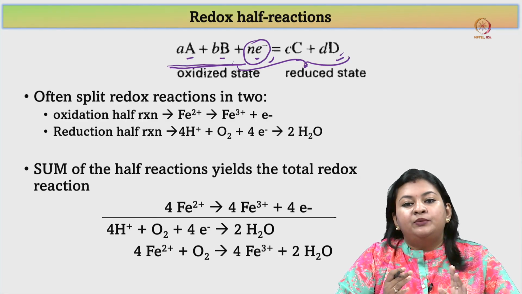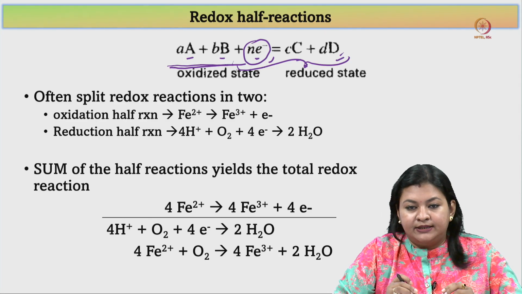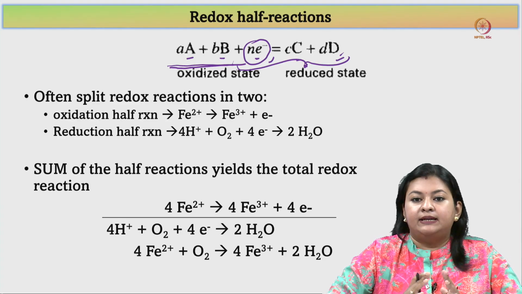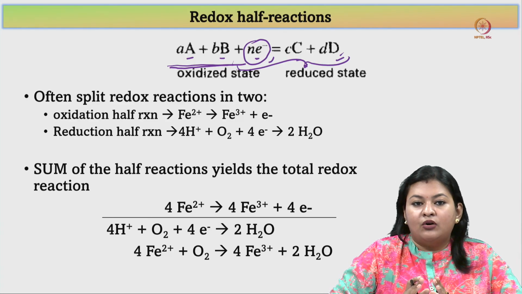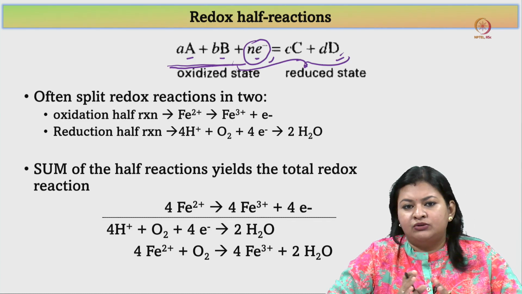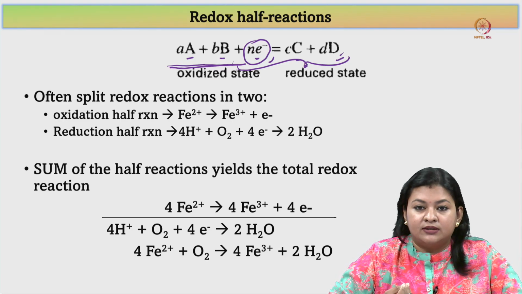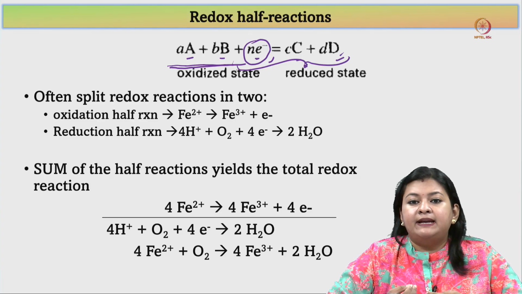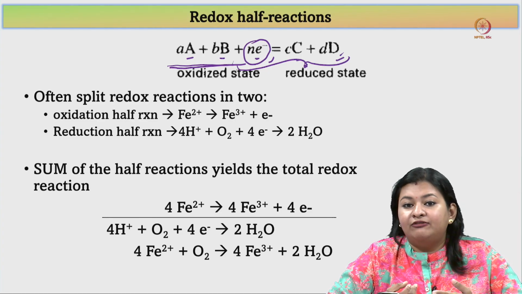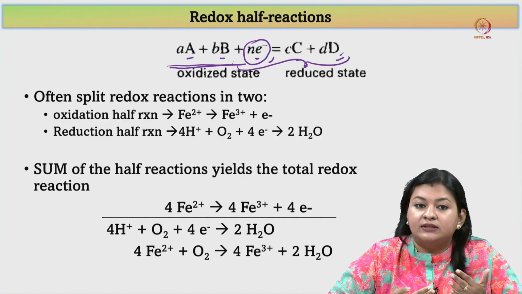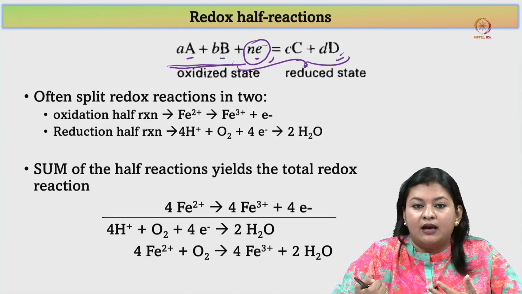And often, if you are trying to write a reaction, we break it down to write the oxidizing half and the reducing half, initially when we are starting to learn how to write the reactions. It might help us to understand if we break it down into an oxidizing half and a reducing half.